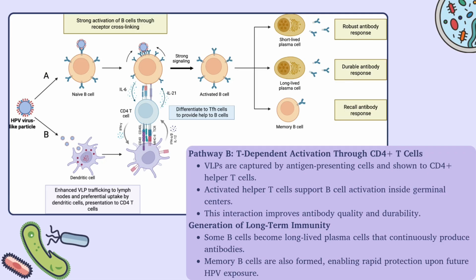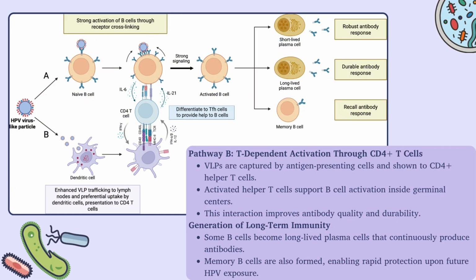Inside germinal centers, two key processes occur. First, affinity maturation. B cells producing stronger binding antibodies are selected and expanded. This improves antibody quality. Second, class switching. B cells switch from producing early IgM antibodies to more effective types such as IgG, which provide longer-lasting protection.